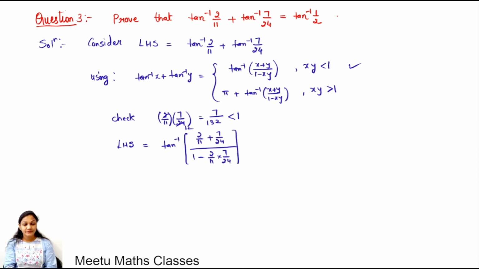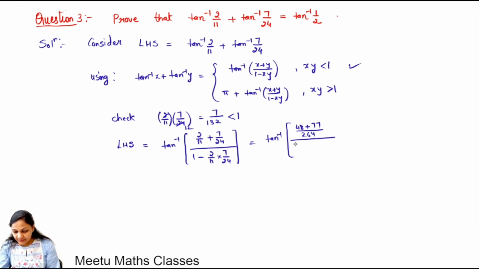Okay, and this can be written as, if you take the LCM, then 48 plus 77 divided by 264, and this will be 264 minus 14 upon 264.